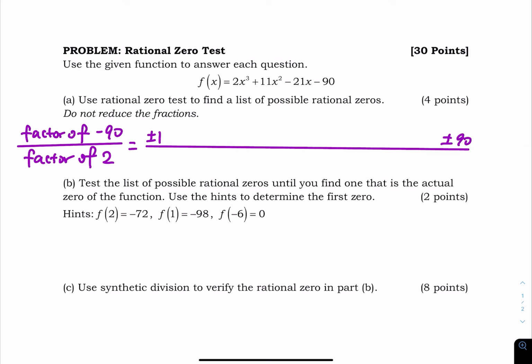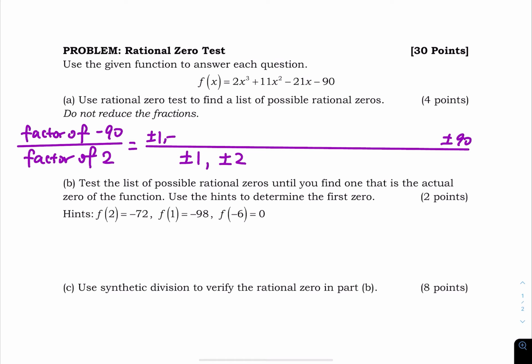Because 1 times negative 90 is negative 90, and negative 1 times positive 90 is negative 90. The 2 will be 1 times 2, so plus or minus 1 and plus or minus 2. 1 times 2 is 2, and negative 1 times negative 2 is also 2. So for each number, you have to include the plus or minus.